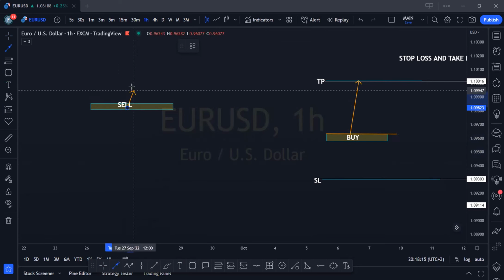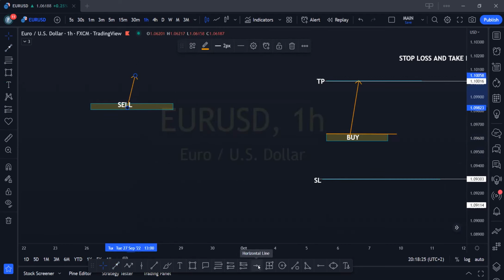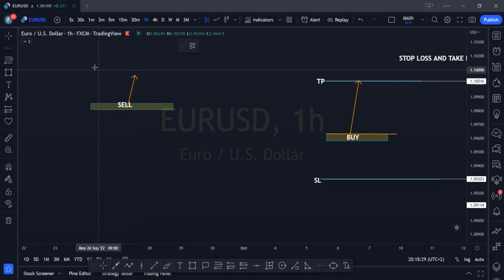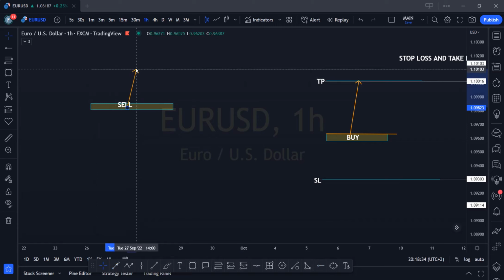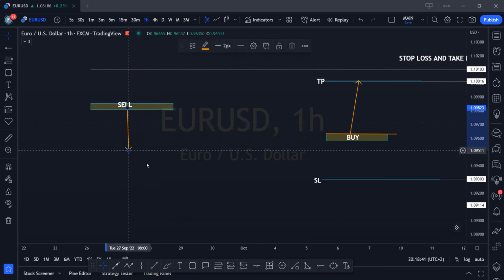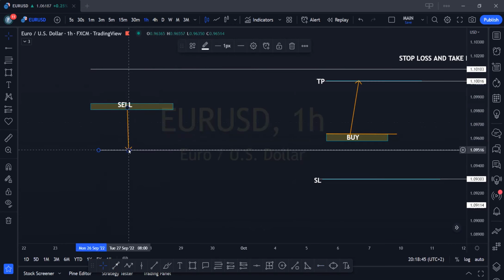As soon as it is going against you, you are in a loss. So to minimize your loss, you need a stop loss. All right. So let's say this is your stop loss over here. When price gets to this price, automatically you'll be taken out of the trade. And then on the flip side, when price starts going your direction, you need a take profit. So when price hits this zone, that trade will close in profit.